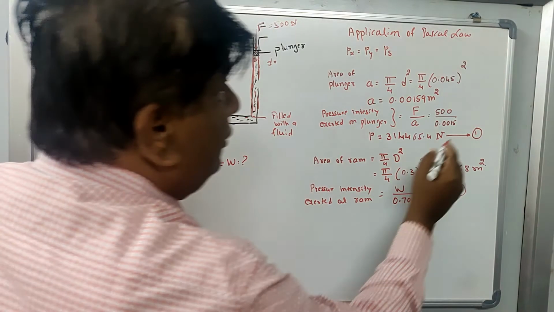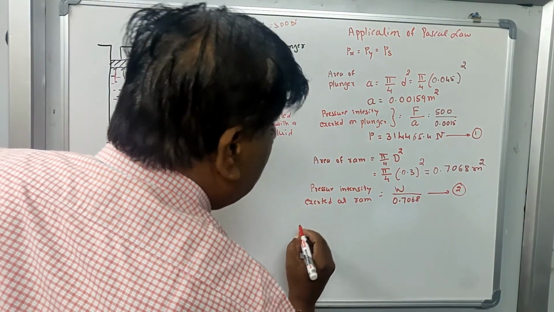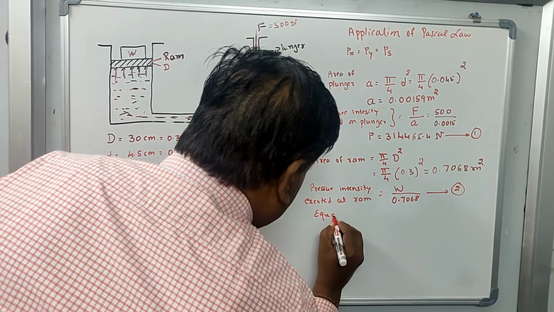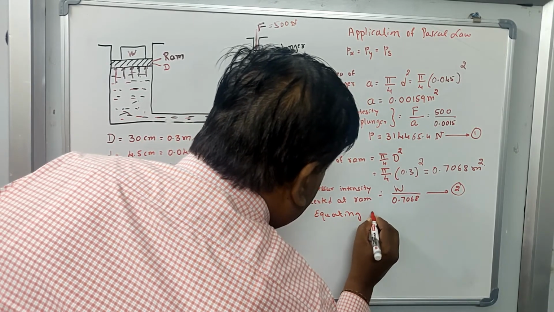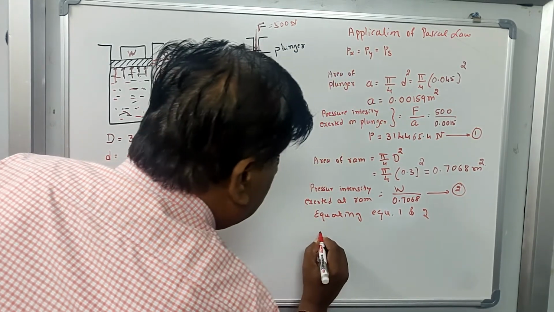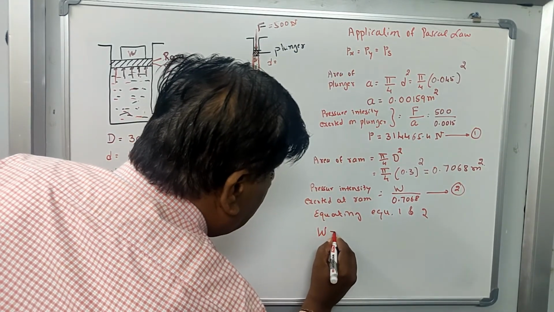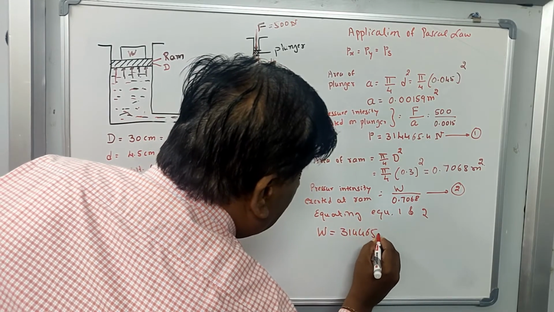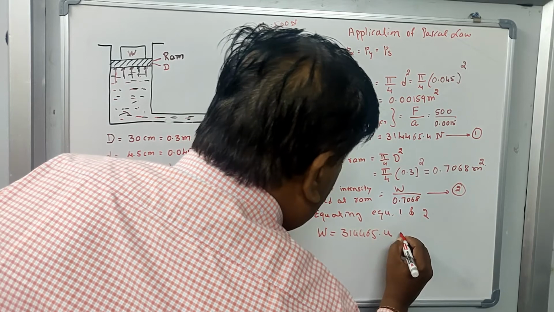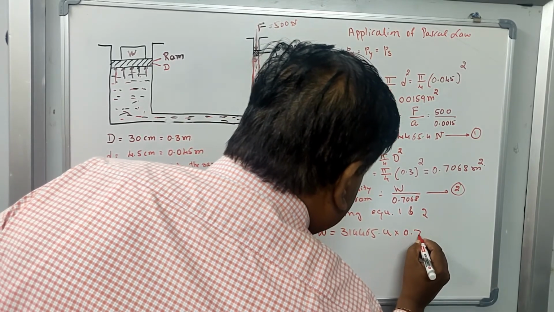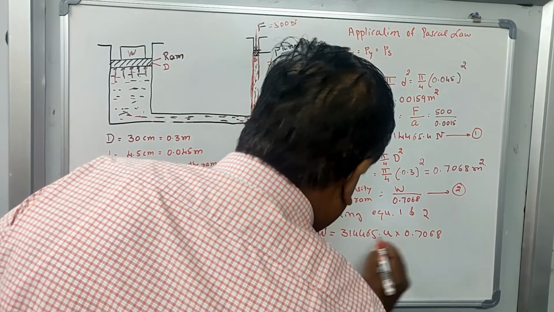So now equating equation 1 and 2, your W is equal to 31446.5 multiplied by 0.7068.